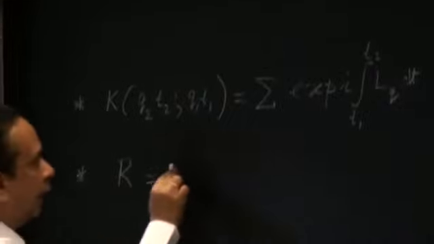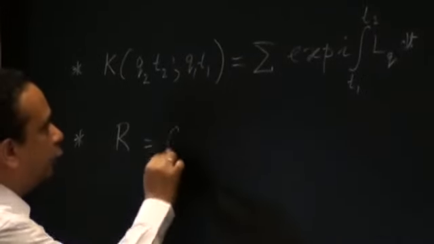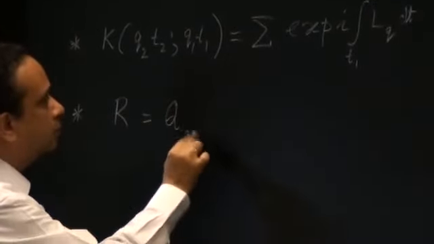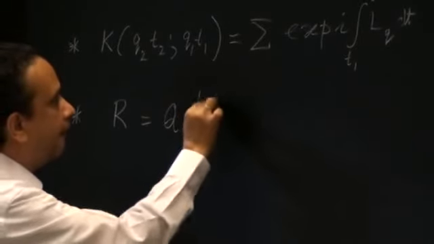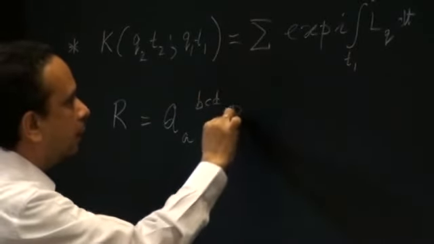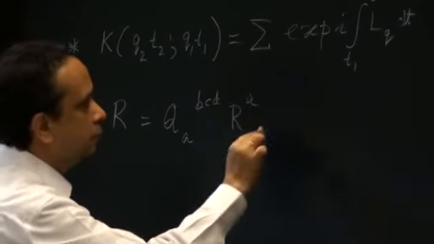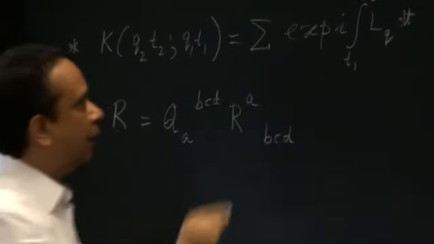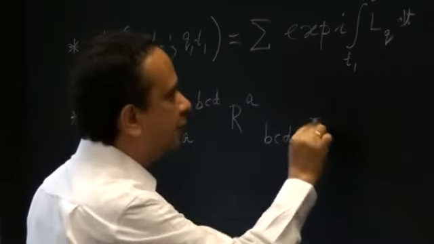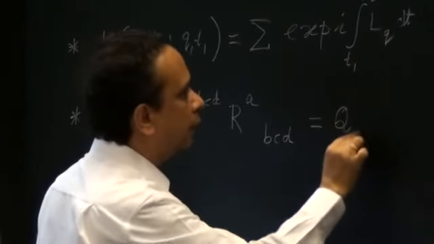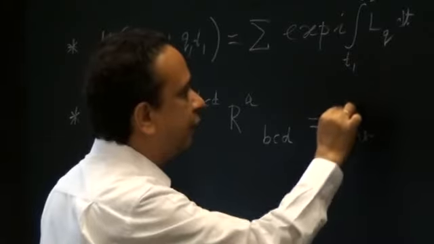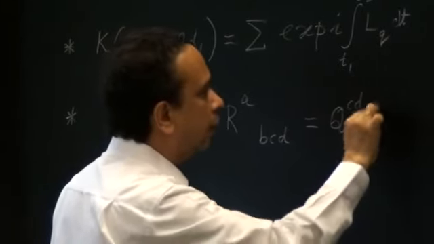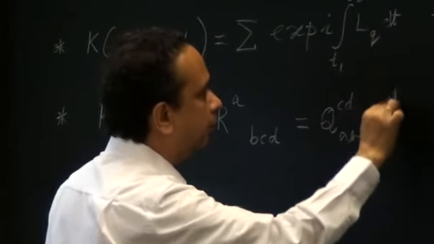And I want to write R in a particular way. I will write it as Q^{ABCD} R_{ABCD}, and just to get notations out of the way, I could have also written this as Q_A^{BCD} R^A_{BCD}.